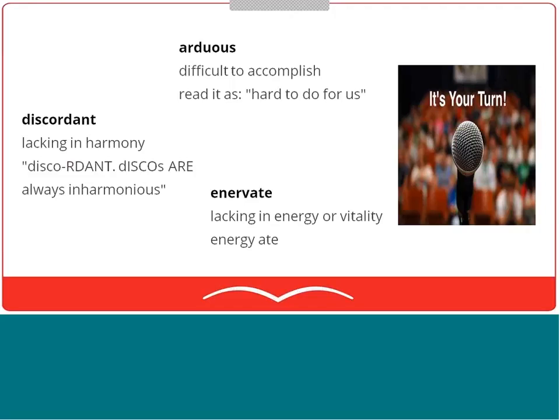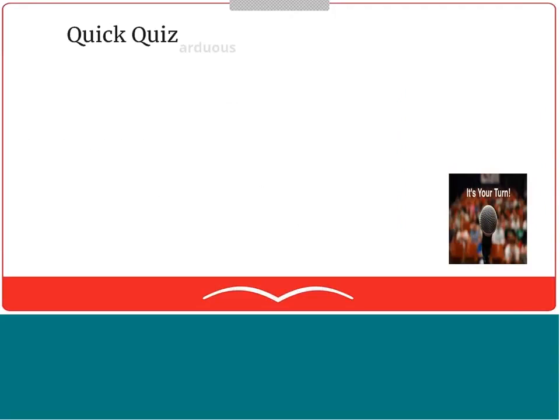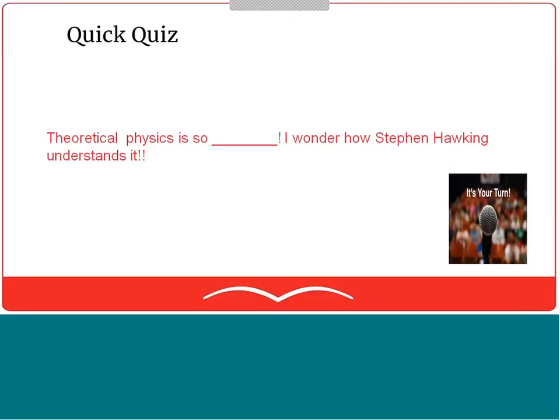Very good. Let's try one more exercise. Let's see how many words you're able to recall. Can you type in the answer for this in your chat window? Fantastic, Vishali.